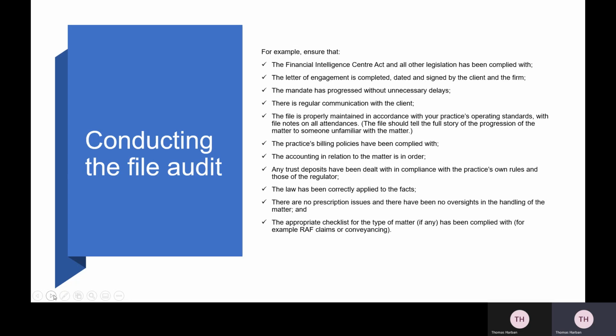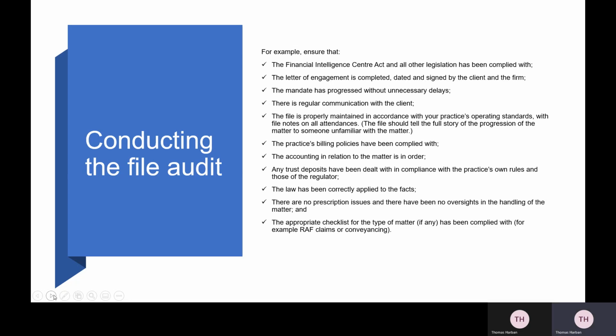You can also check whether your file is properly maintained in accordance with your internal operating standards, that there are file notes in respect of all attendances, and that reading the file, you can tell the story of the life cycle of the instruction from the beginning until the point where the file is at.